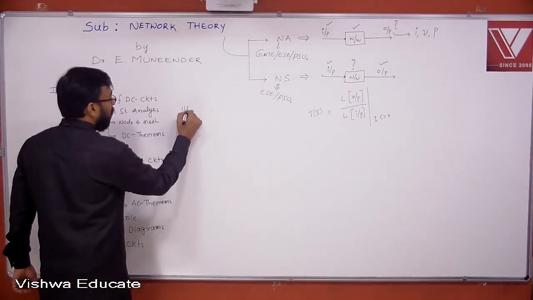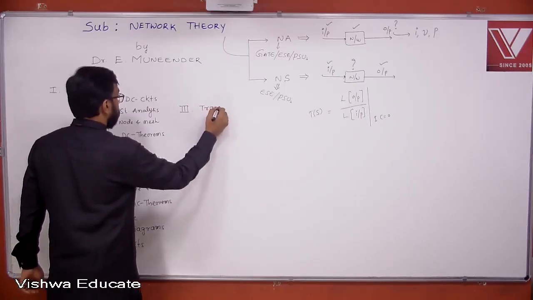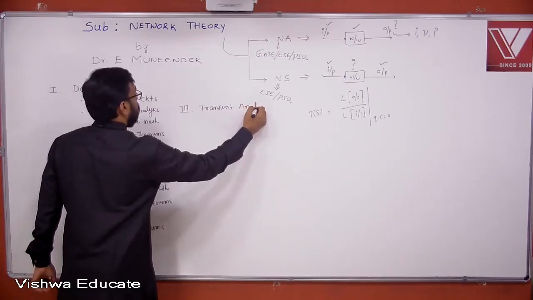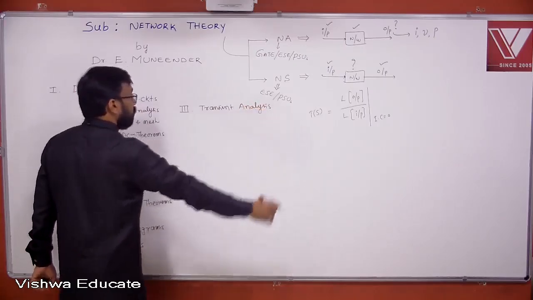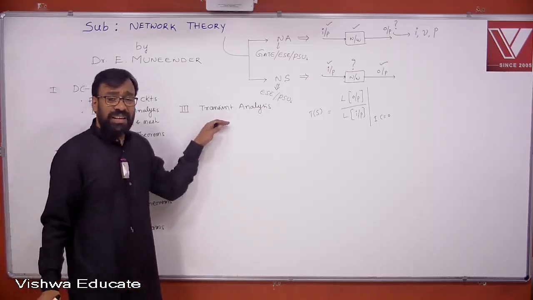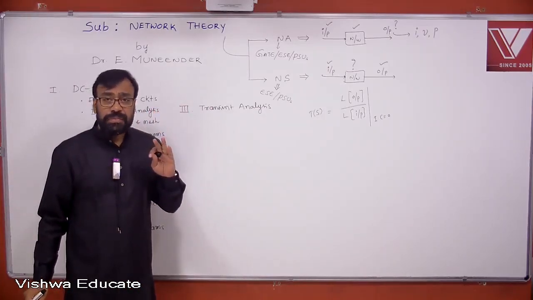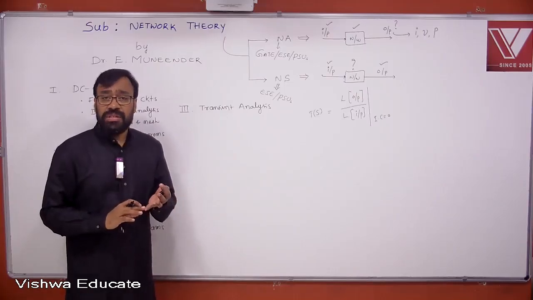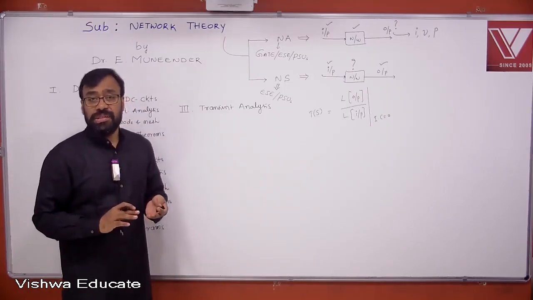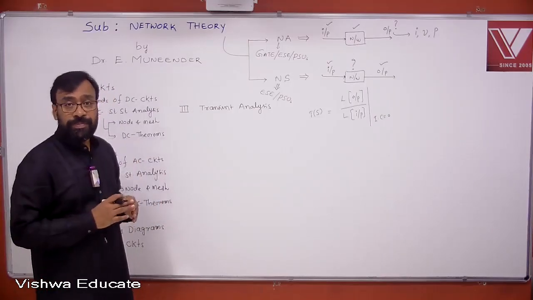The third chapter here, transient analysis. In this you have basically three important modules. One is the initial conditions. Second one is the application of differential equations. And third one is application of Laplace transformations.